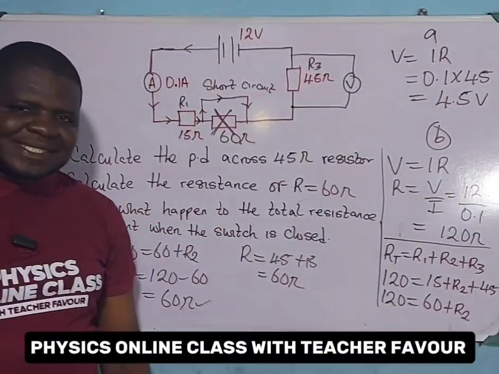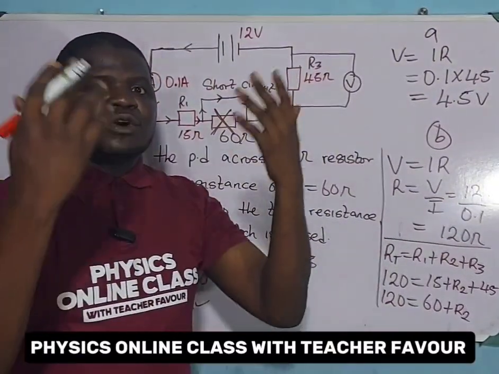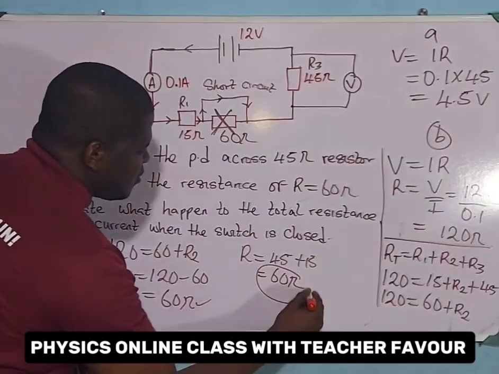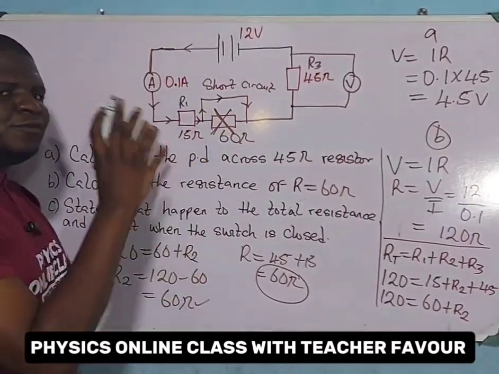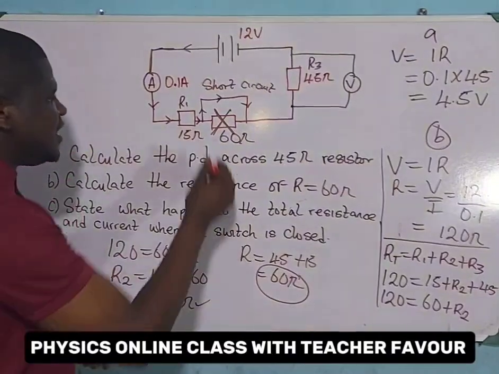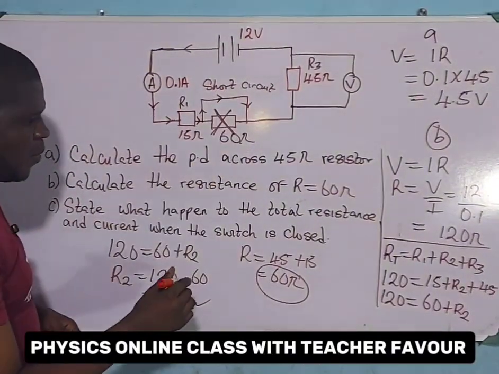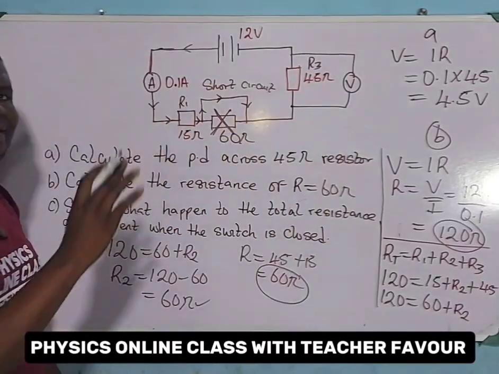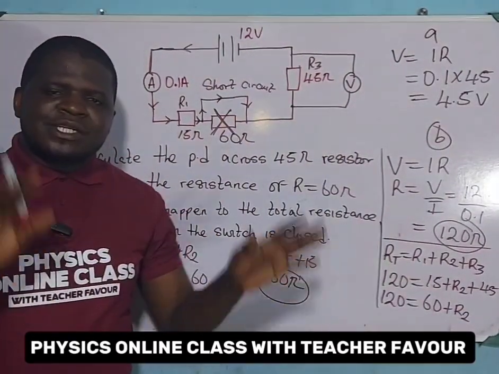So once there is a decrease in resistance, current will what? Increase. So if we close this circuit, we'll have 60 ohm resistance in this circuit. The flow of current will increase. If we open this circuit, we'll have 120 ohm resistance in this circuit, which means that current will decrease.